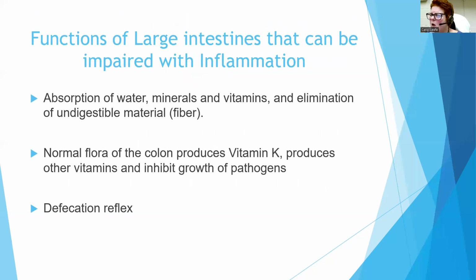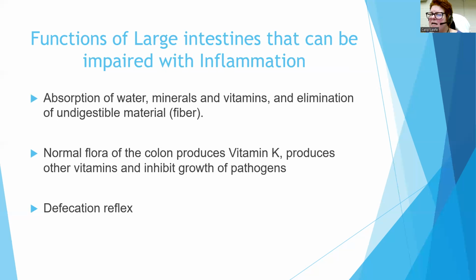The functions of the large intestines that can be impaired with inflammation: absorption of water, okay? It can increase, so patients get dehydrated, they can't absorb the water, so there's an increase in the large intestines. Minerals and vitamins are not absorbed readily in the large intestines.